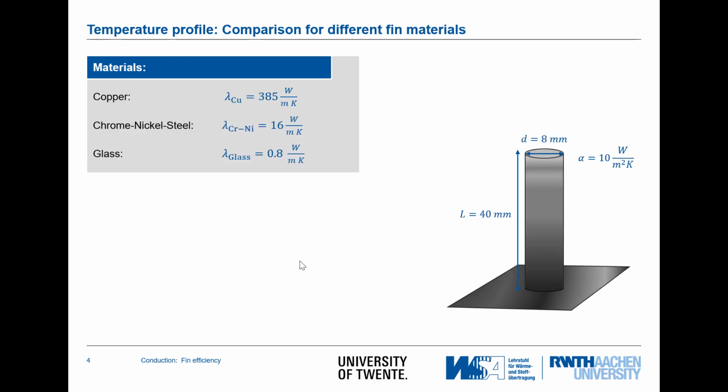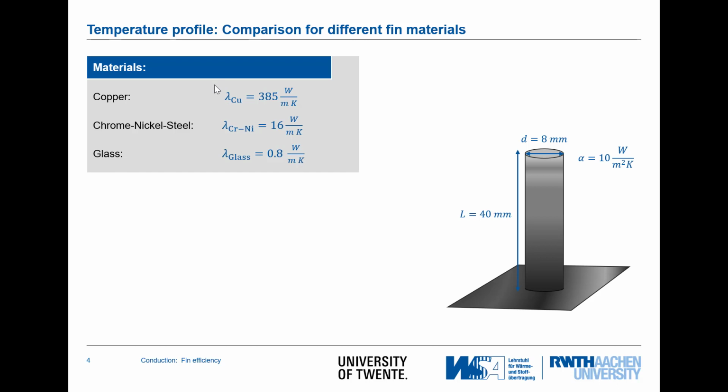Now, in the next step, I would like to look at fins of different material. So let's start with some kind of convenient material, that is of course copper or aluminum. The thermal conductivity of these materials is very high. So now let's take the thermal conductivity of copper with 385 watt per meter Kelvin.